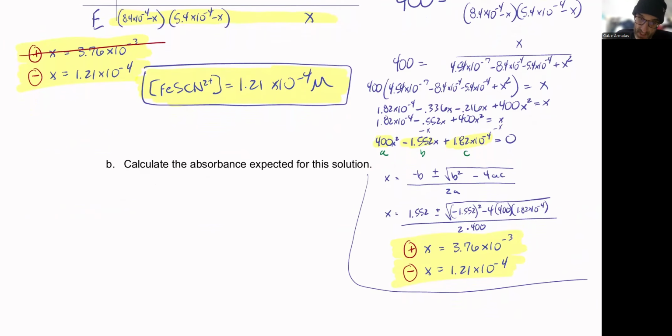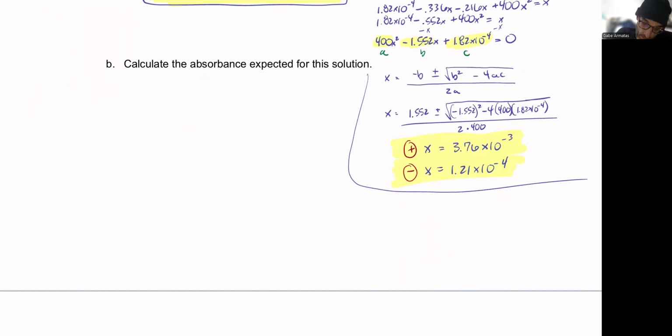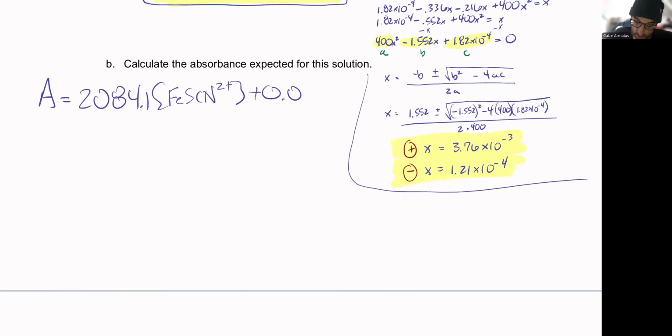Calculate the absorbance expected for this solution. Again, we're going to use the experimentally calibrated one. So you're going to have to use from lab 1 your calculation: 2084.1 times the concentration of FeSCN2+, I believe this is one I used in the last video anyway, plus 0.0127.